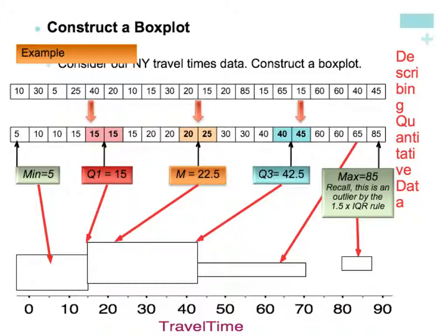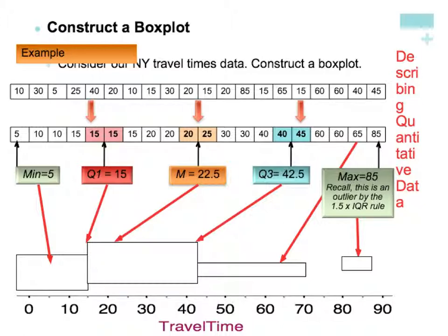Now, the type of box plot we make is going to be one where the ends of the whiskers will not necessarily go all the way to the max or all the way to the min. The whiskers in what's called a modified box plot go all the way to the highest observation that is not an outlier and all the way to the lowest observation that is not an outlier.